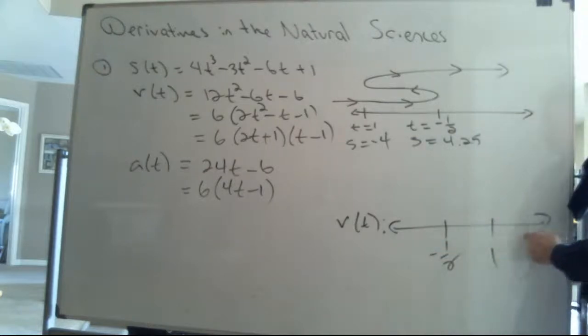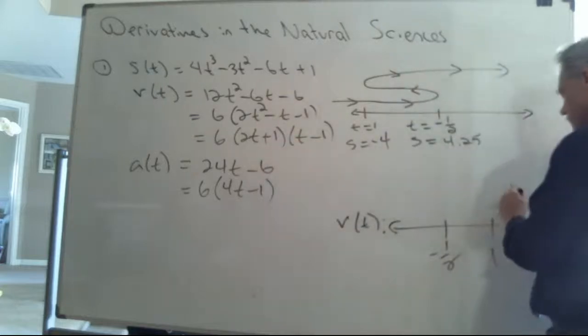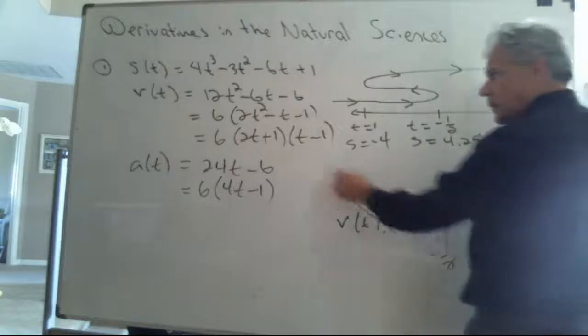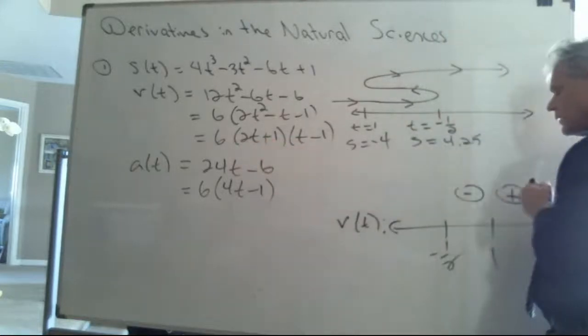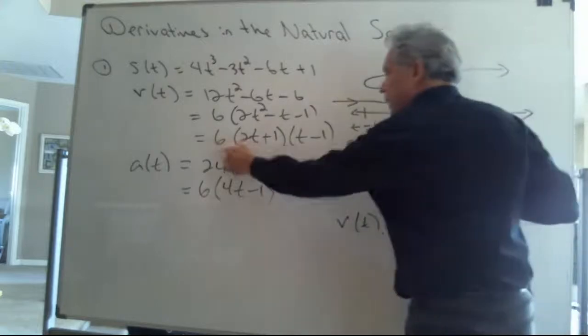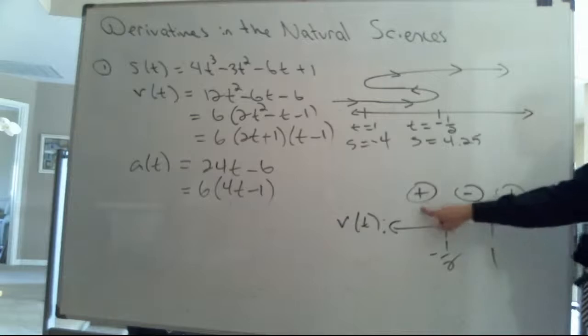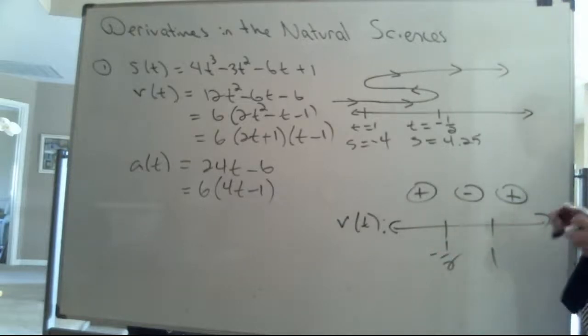If t is a billion, plug in a billion for t here and here, both these are positive. The product is positive. If t is something like 0, there's a negative times a positive times another positive, that makes it negative. If t is a -billion, there's a positive times a negative, that's positive. And so clearly, I'm moving in the rightward direction over this interval for t, leftward direction, rightward direction.